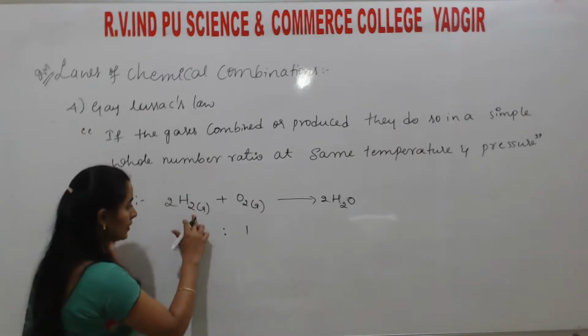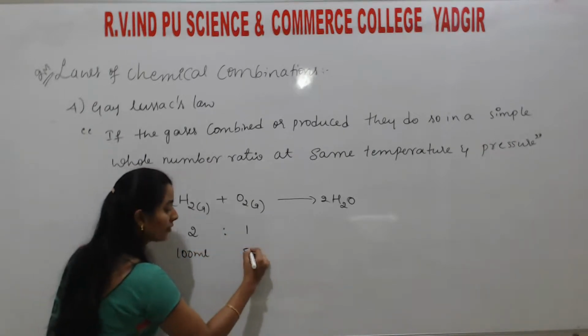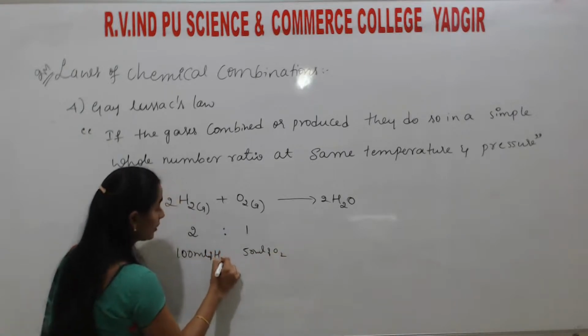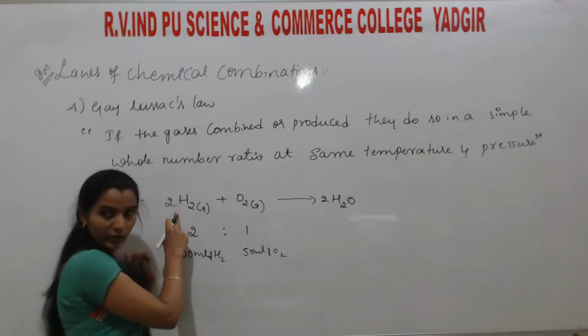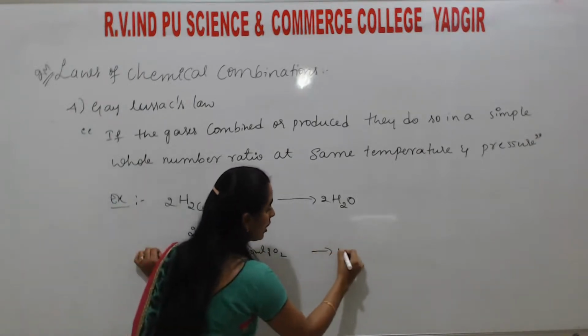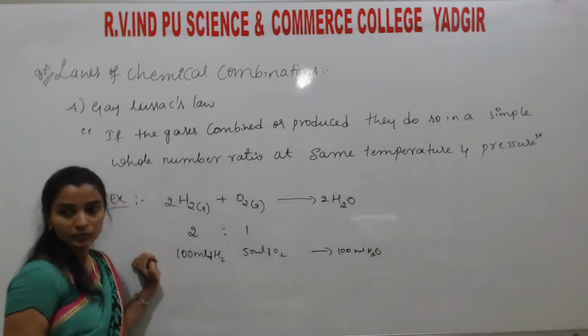Listen. If we take 100 ml of H2, it combines with 50 ml of O2, because 2 moles are required, and gives rise to 100 ml of H2O. Assume this.